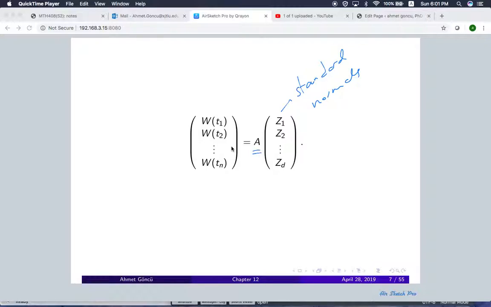Once we obtain our matrix A, which is the lower triangular matrix from the Cholesky decomposition, we can simply multiply with the vector of standard normals that we generate, and that's going to give us one path of the Brownian motion process. Obviously in a simulation we might want to simulate many paths, so this whole operation can be repeated many times to get many paths of the Brownian motion process.